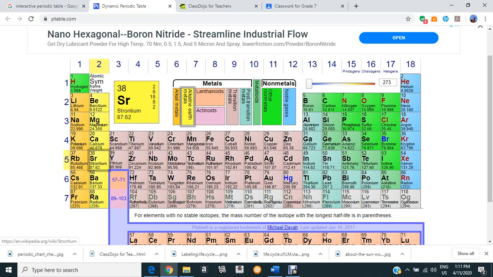If you add the numbers on the side, 2 plus 8 plus 18 plus 8 plus 2, you're going to end up with 38. Those are the number of electrons. Now, why are they divided in that manner? You will get to know why later on in future grades.